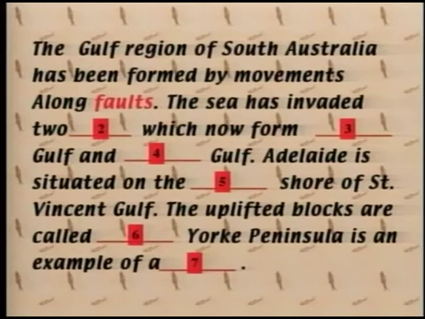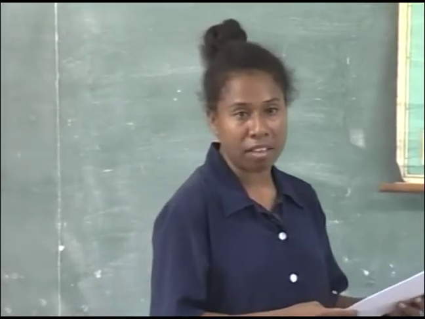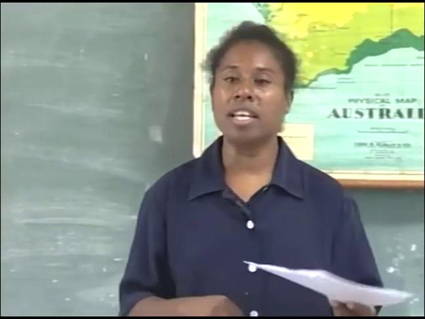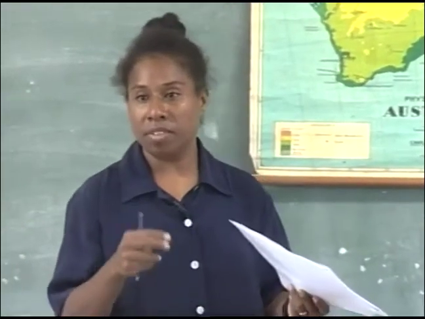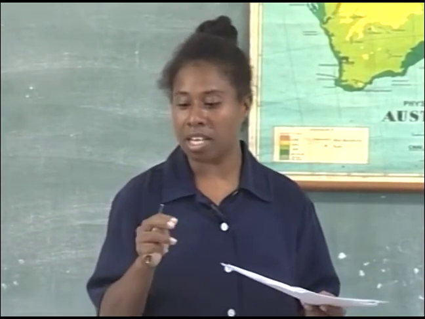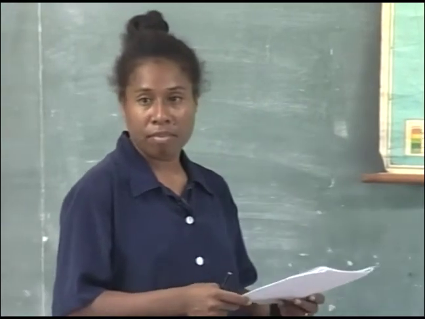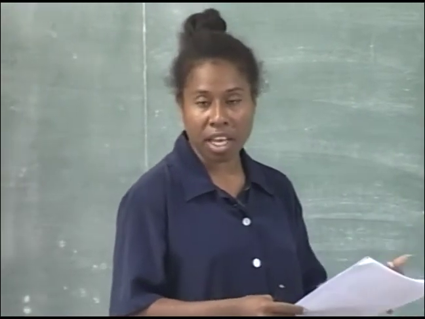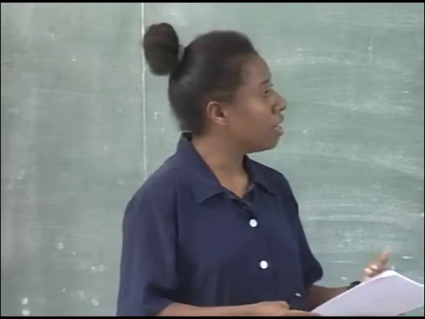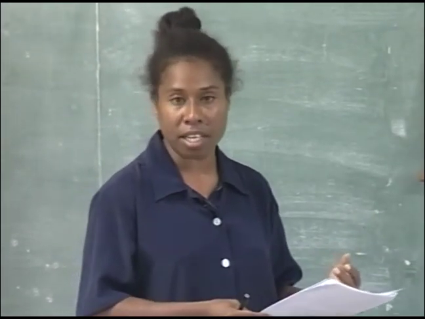And number 4? St. Vincent Gulf. Okay, if you decided to put St. Vincent Gulf in number 3 and Spencer Gulf in 4, it will still be correct. So we have number 3 and number 4, the 2 gulfs, and it is supposed to be the Spencer Gulf and St. Vincent Gulf.